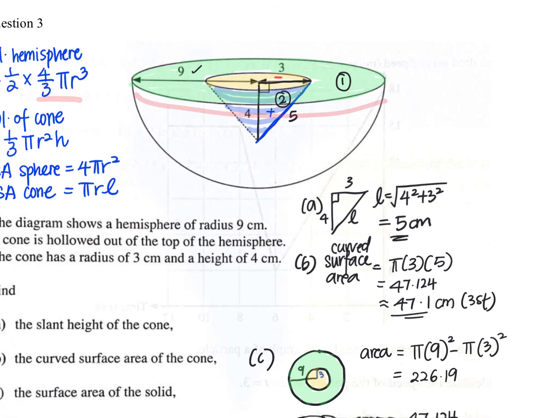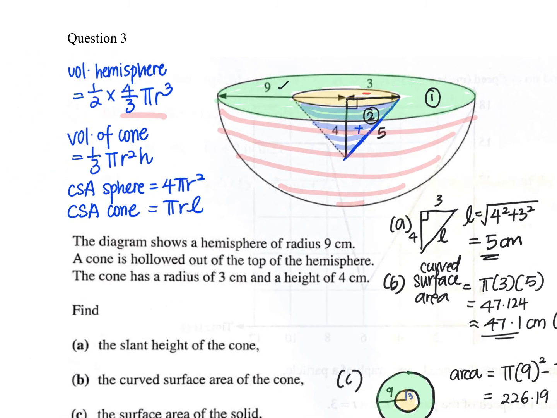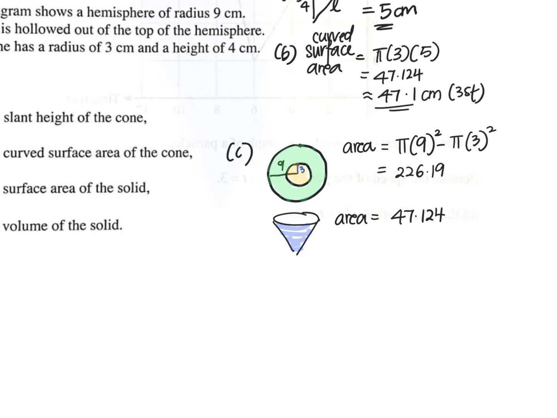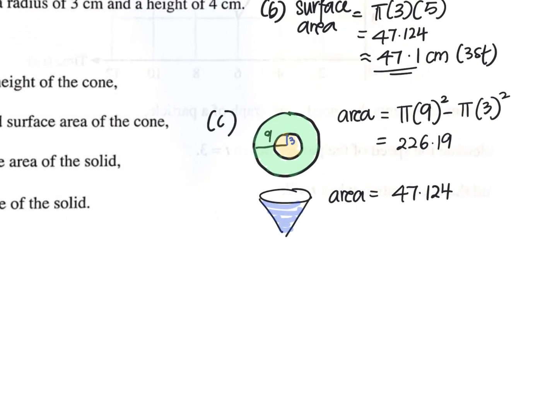Then last but not least, I need to find the surface area over here. This is the whole surface for my hemisphere. We know that the curved surface area for a full sphere is 4 pi r squared. For a hemisphere, it will be half times 4 pi r squared. So this portion over here is given by the hemisphere formula, half times 4 pi r squared.